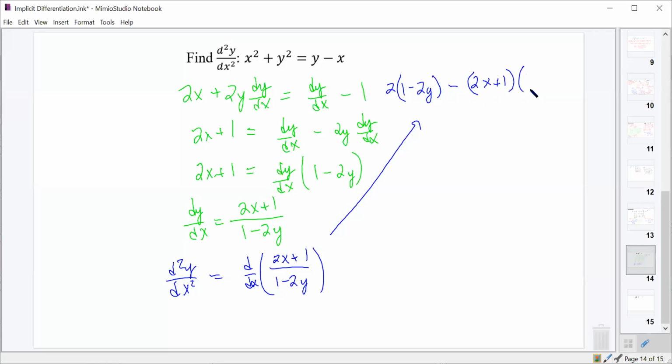What's the derivative of our denominator? Not just negative 2. Remember, we're taking the derivative of 1 minus 2y with respect to x. So it's negative 2 dy dx. And then all over 1 minus 2y squared. Everybody get why we have to attach that dy dx to the negative 2 when we do the derivative of the denominator?